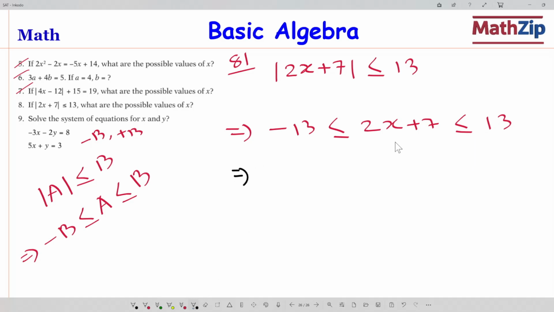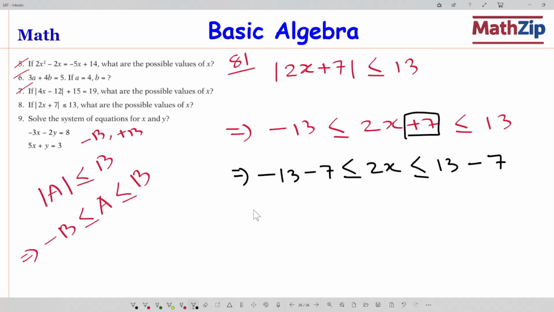Now here is plus 7, we need to omit it. So we subtract 7 from all sides. Minus 13 minus 7 is minus 20, less than or equal to 2x, and then less than or equal to 13 minus 7, which is 6.